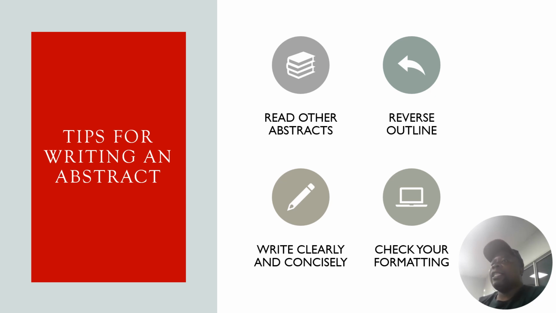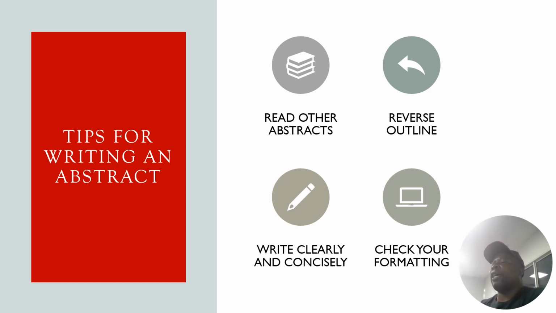Then the next thing is try to write clearly and concisely. Avoid the passive sentence when you're writing your abstract. I know if you send your work for editing, editors know how to fix that. Long sentences, avoid that. We don't want long sentences. Obscure jargon, avoid that. Repetition, filler words, avoid all that stuff, and also avoid detailed description.